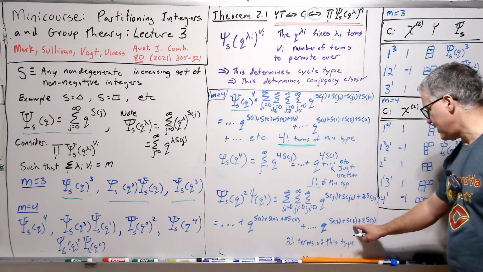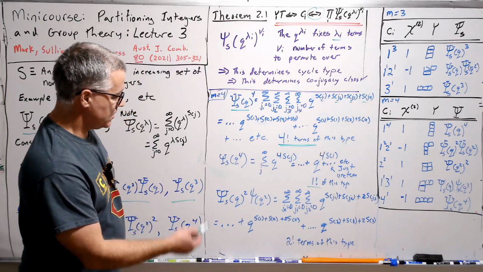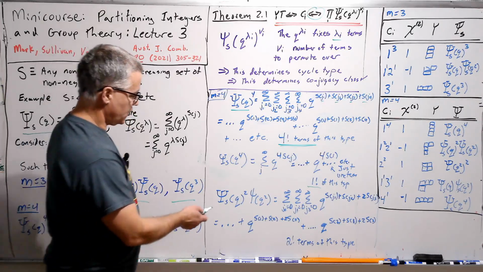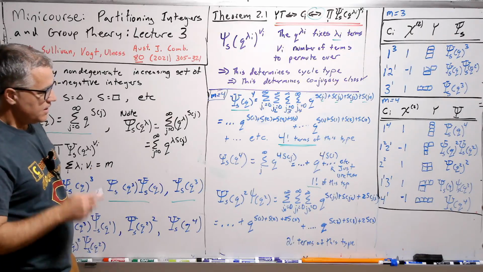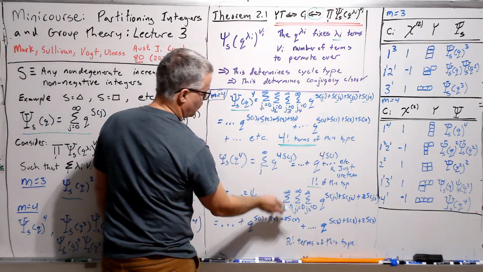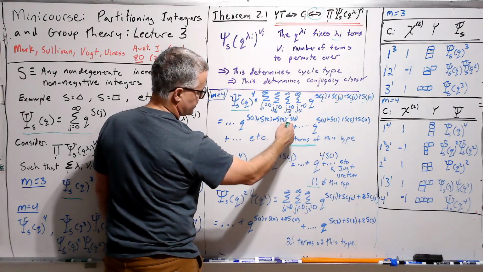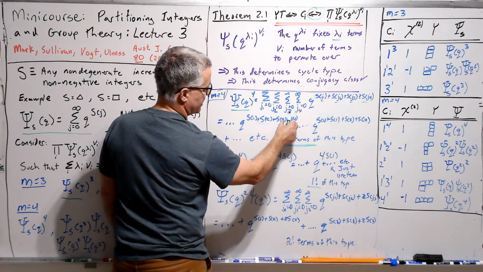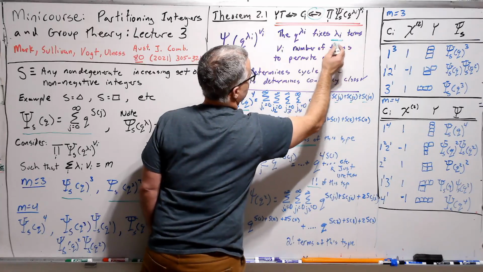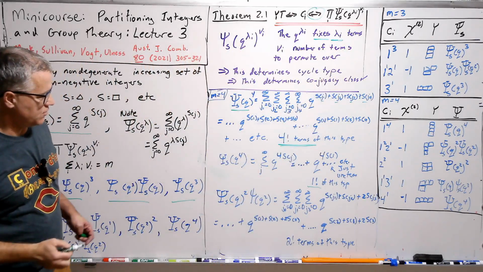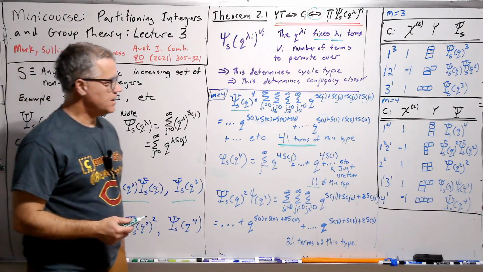And we'll get s2, s1 times s3. And we're going to get 2 factorial terms. We're just going to get 2 terms like this, the 2 factorial as we flip those indices. Notice again, this term will appear as one of these, because this would be S1, S2, and then S3, S3. These would be locked together. So in a sense, we can see here now what this means. The lambda will fix the number of terms there. It locks those together.